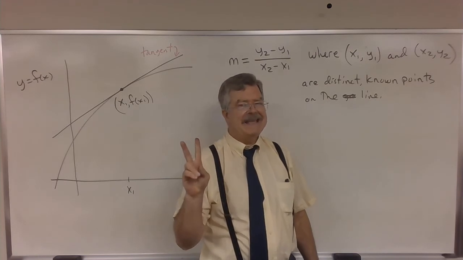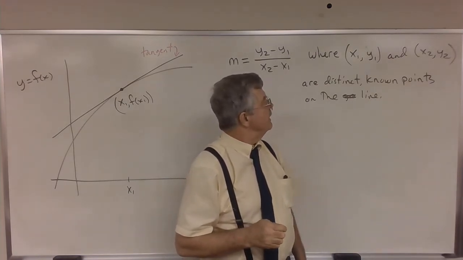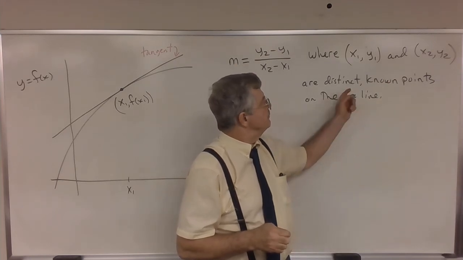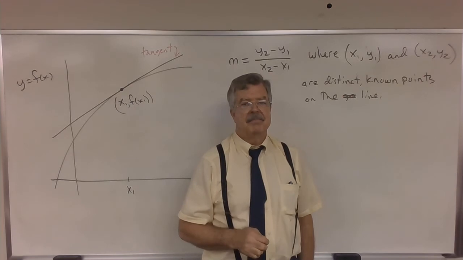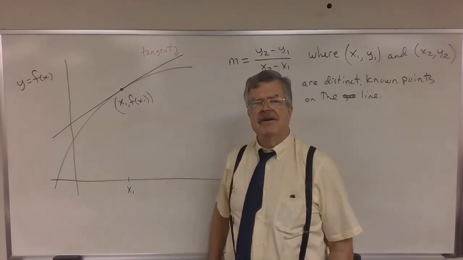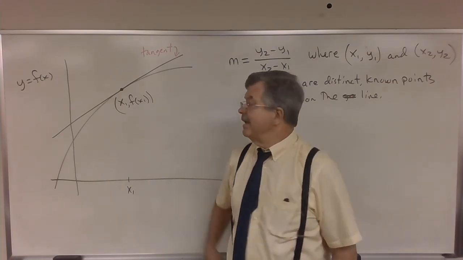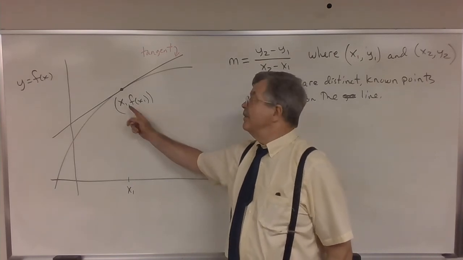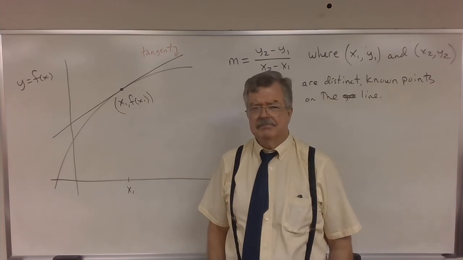In other words, they can't be the same point. x1, y1 and x2, y2 are distinct known points on the line. Well, looking at what we have here, it looks like we're at a bit of a disadvantage. We only know one point on that tangent line.